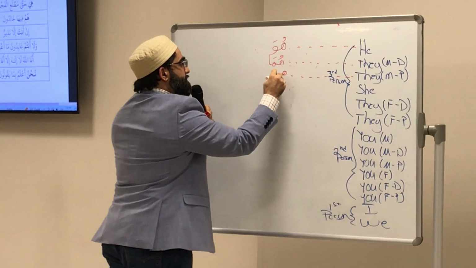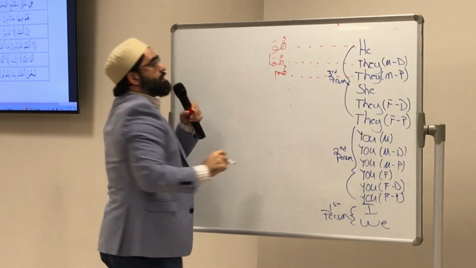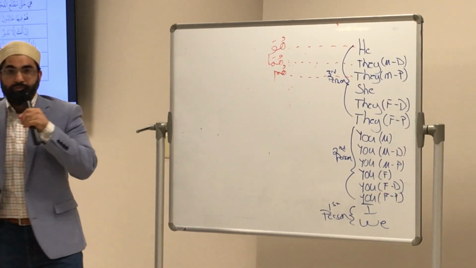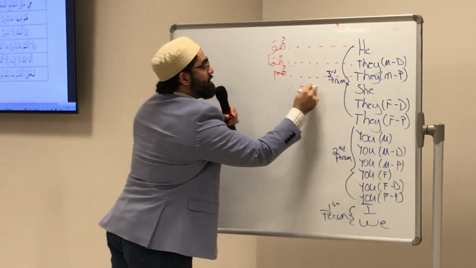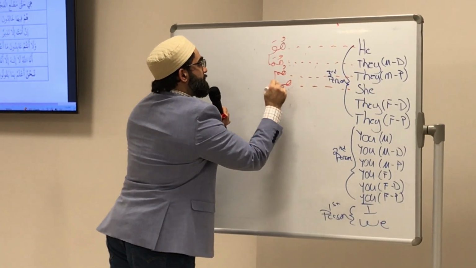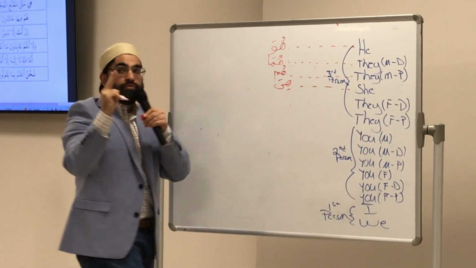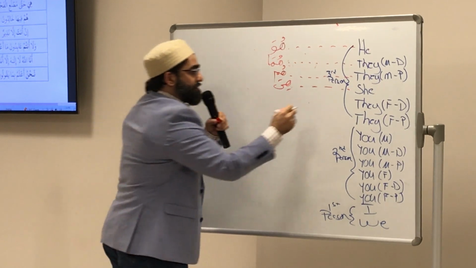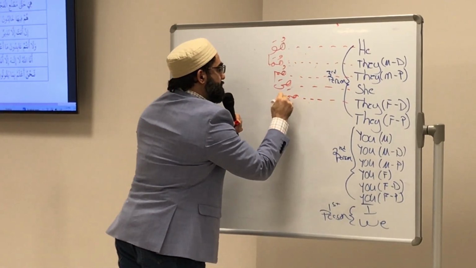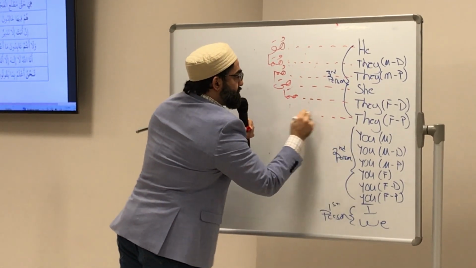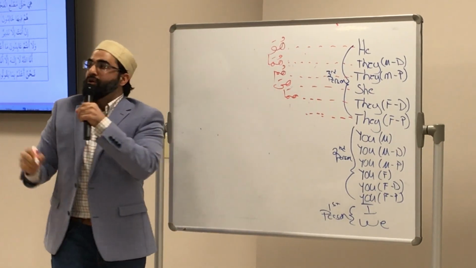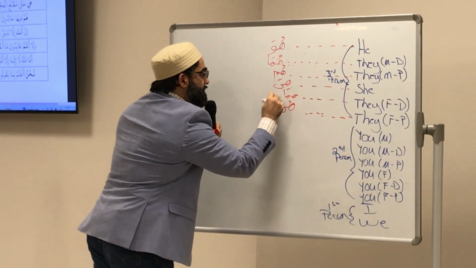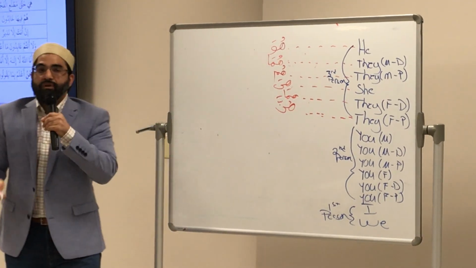Now, if I'm talking about one female, hiya. Two females, both of them have to be females, huma. Three females or more, hunna.